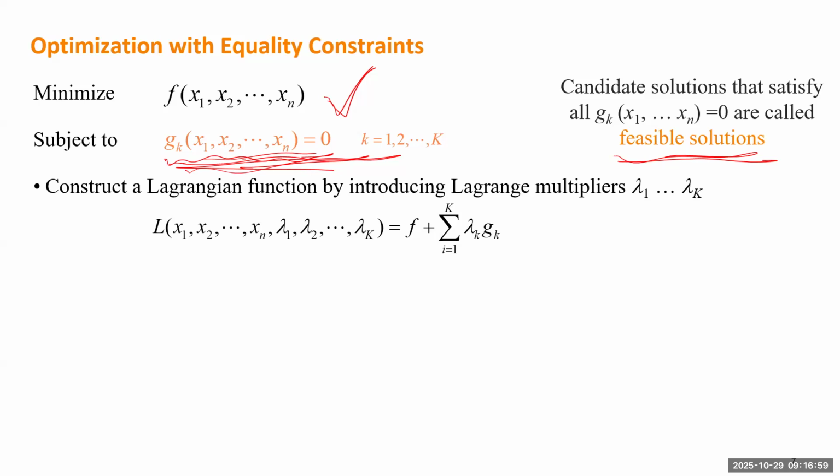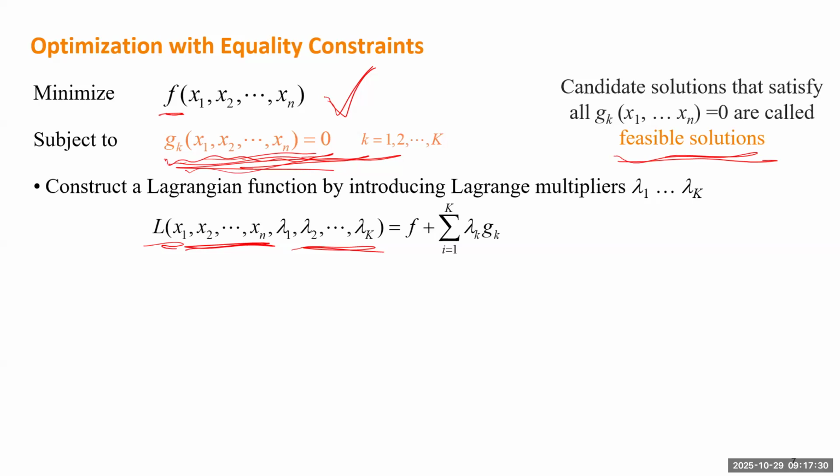By introducing a Lagrangian function, which is just an extended cost function, instead of minimizing f, we want to minimize or find stationary points of this new function. The new function has all the variables from the original problem and also introduces some new variables. The physical meaning of each new variable is the price you're going to pay for violating any constraint.